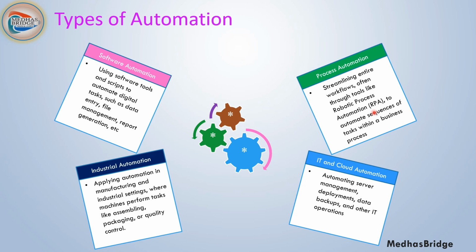This is what we call process automation. Whereas IT and cloud automation is automating server management, deployments, data backup, and other IT operations. At a high level, this is IT and cloud automation. So these are typically the 4 different types of automation that you can see.